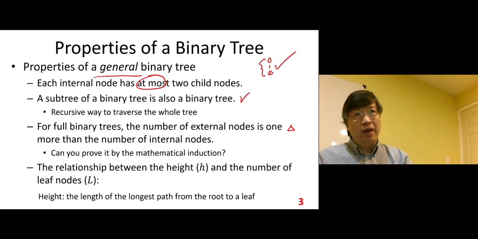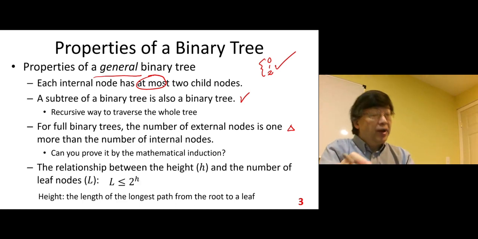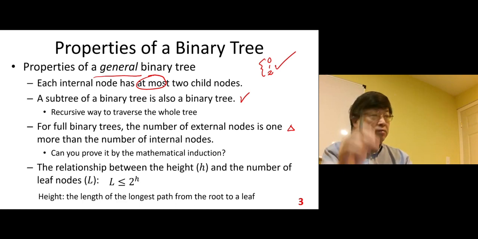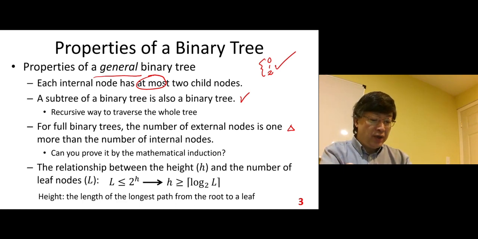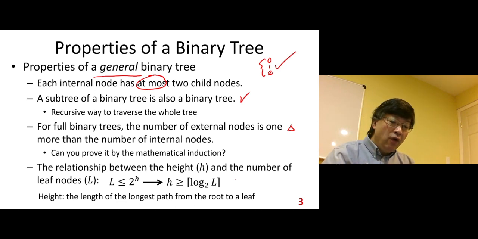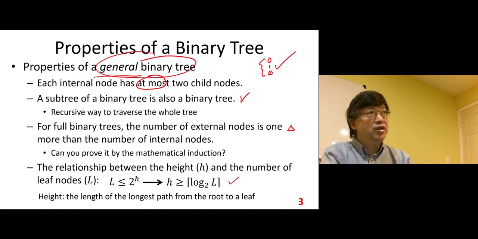Then we use that as the height measure. So the inequality is L less than or equal to 2 to the h power, or if we take log, with the ceiling function, we have this inequality. This inequality is true for a general binary tree, any binary tree.